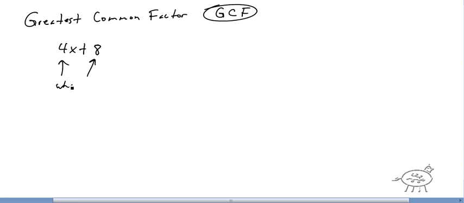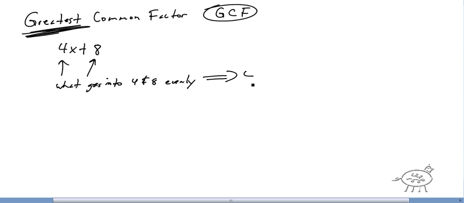You're looking for the greatest, that's the key word here, greatest common factor. The answer is 4. 4 is the biggest number that goes into 4 and 8.